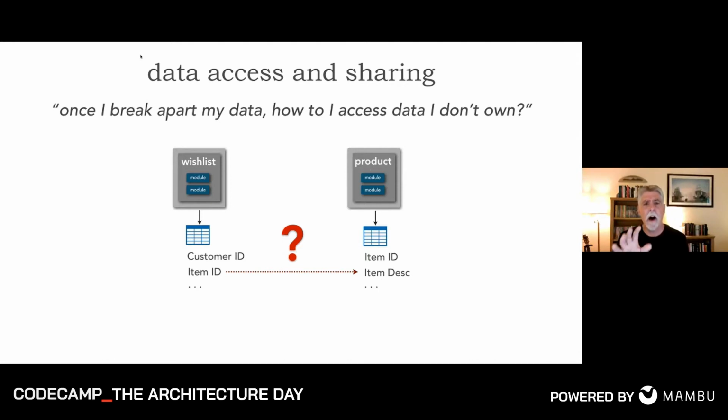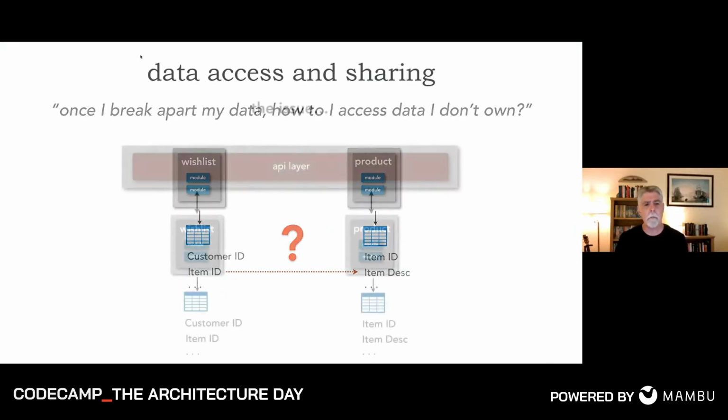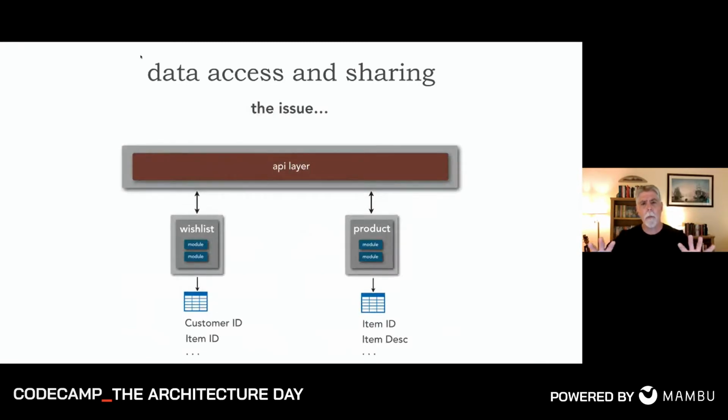There are dozens, even hundreds of examples I can give you of this, but here's what I'm going to do. Let's do an example where we broke apart our application, our monolith, and let's say we have 2 services out of hundreds. We have a wish list service that's responsible for maintaining our wish list items.